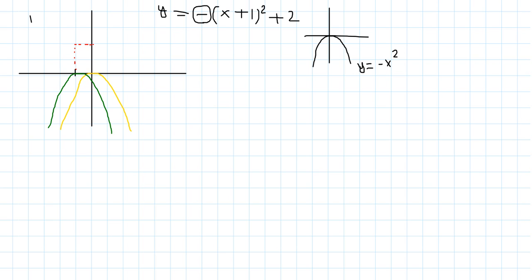Suppose that here is 2. Now my vertex should be here, and this is the final graph, y equals minus (x plus 1) squared plus 2. It is the final shape of the graph. Let's go to another example.